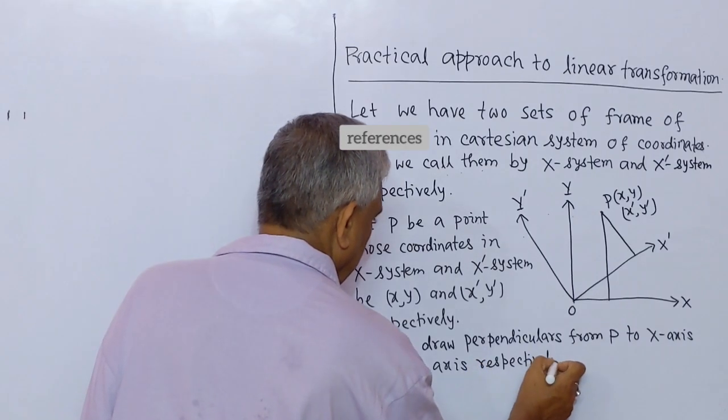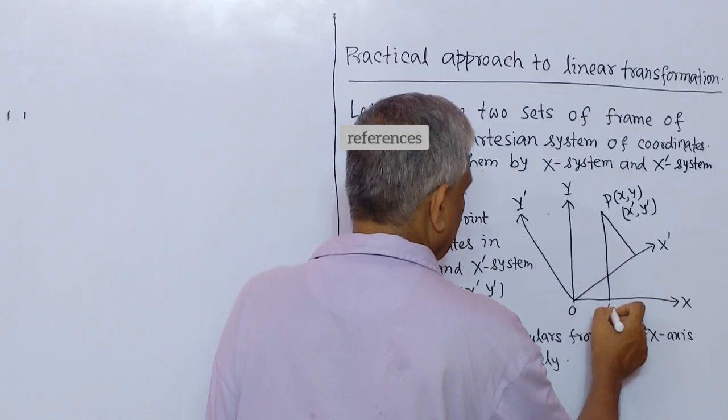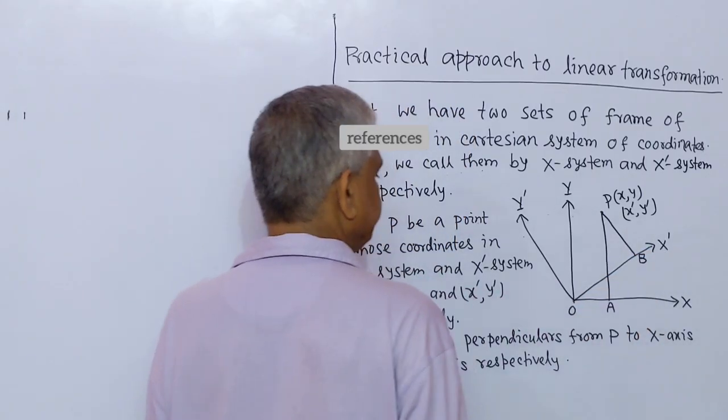Let this perpendicular be PA and this perpendicular be PB.